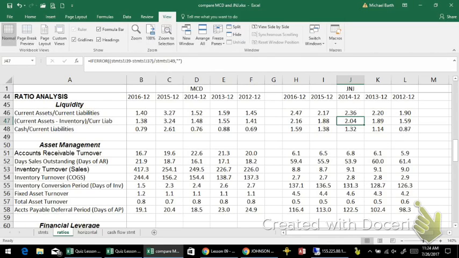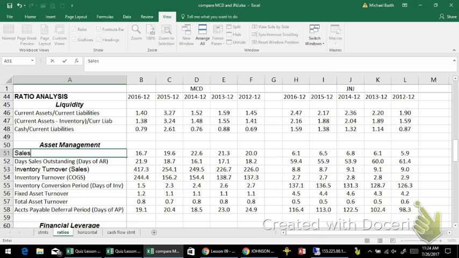So we go down here into the asset management ratios, the turnover ratios. Accounts receivable turnover is sales per dollar of accounts receivable. And another measure of that is days of accounts receivable, which is essentially accounts receivable divided by 1 day's sales, where 1 day's sales is sales over 365.